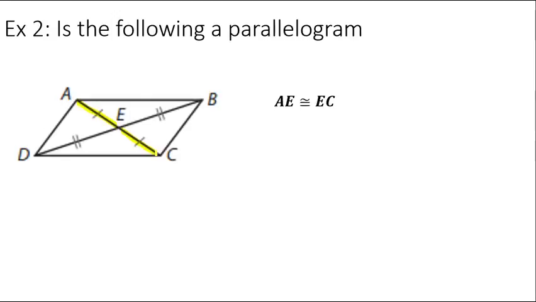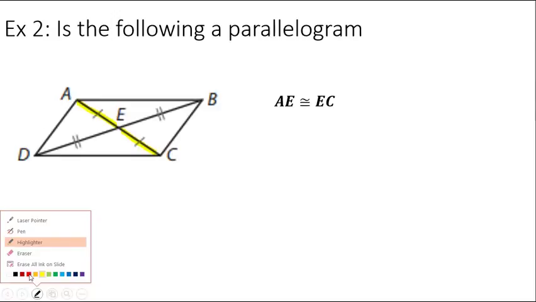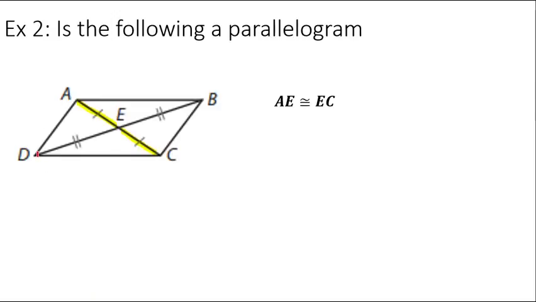So we say that first: AE is congruent to EC. And then we also look at the other segment. It says DE and EB are also congruent to each other.